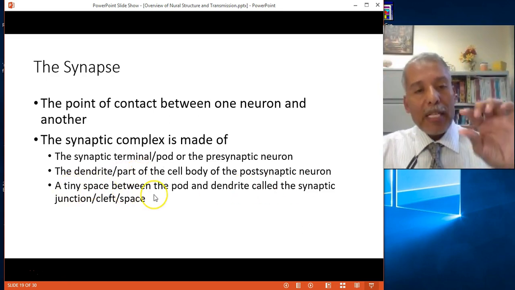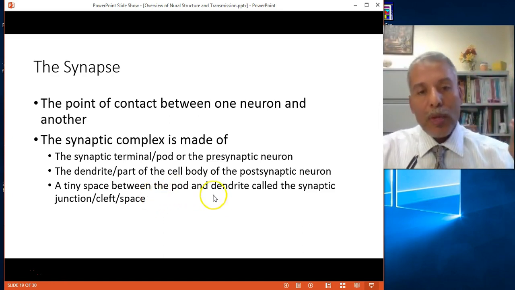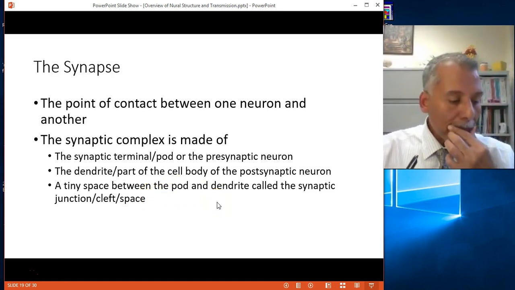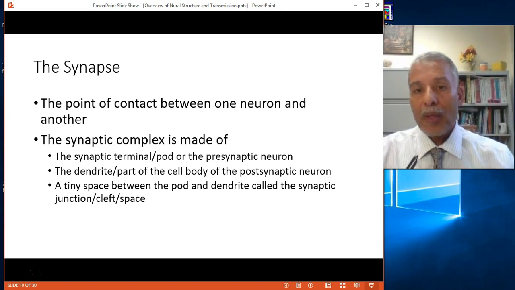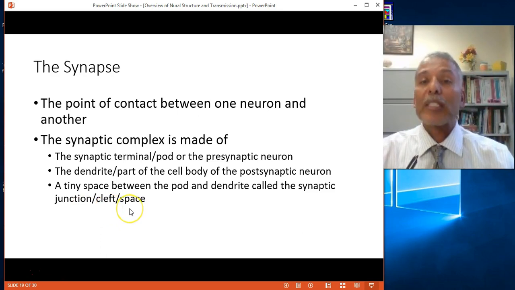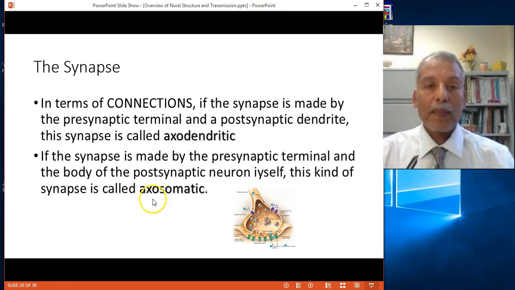The tiny space in between them is actually like 1/1000th of a meter, very, very tiny. It is called the synaptic junction or the synaptic cleft or the synaptic space.